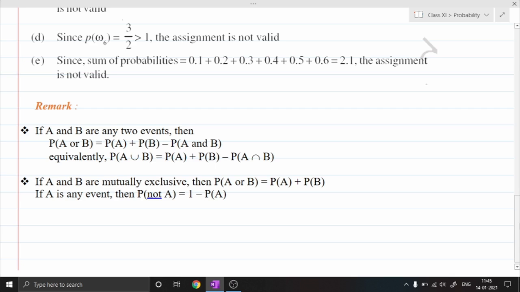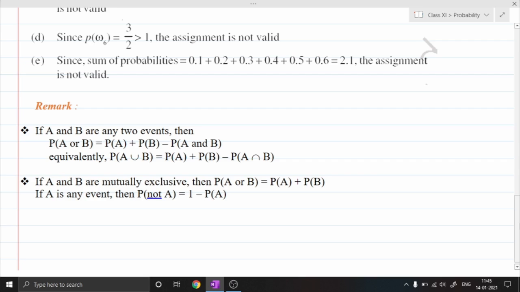And if the number of elements of A intersection B is 0, then definitely the value of P(A intersection B) will also be 0. So in the formula P(A union B) equals P(A) plus P(B) minus P(A intersection B), if I replace P(A intersection B) by 0, the formula becomes P(A union B) is equal to P(A) plus P(B).